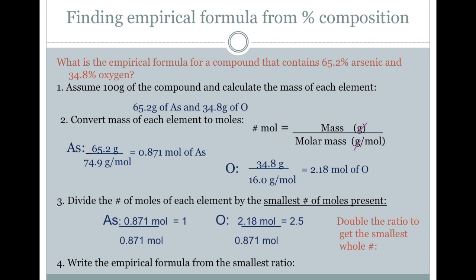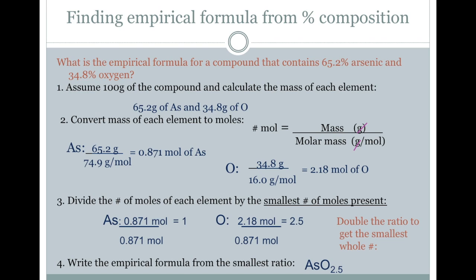Dividing by 0.871, we know we're going to have a whole number ratio for arsenic, and hopefully for oxygen too. However, if we look here, it didn't quite happen. We have 2.18 moles to 0.871, which gives us a value of 2.5. So in other words, there's 2.5 oxygens for every arsenic.